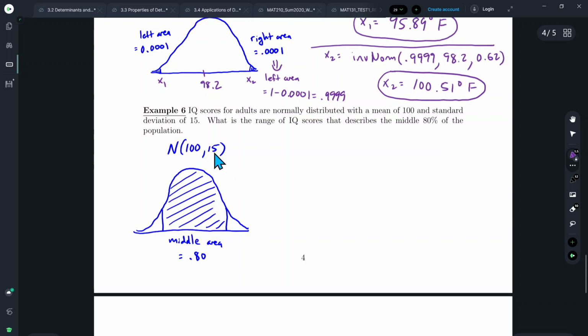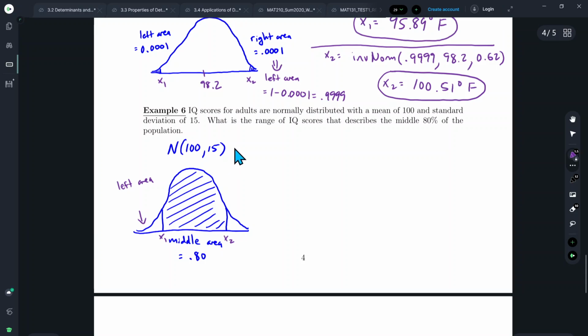In these types of problems, it's a good idea to sketch the normal distribution diagram so you can visualize what's going on, and it'll help you set up the calculation. In this case, the middle area is 80% or 0.80. So we need to figure out these two x values. Let's call this x1 and this x2.